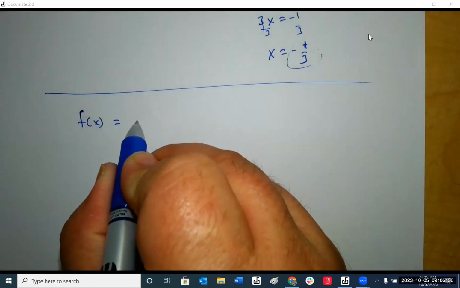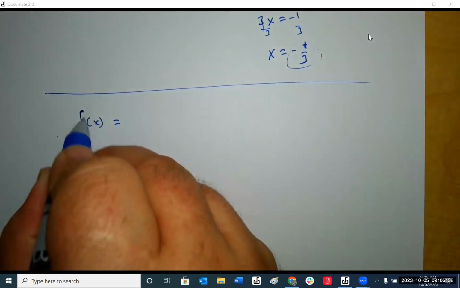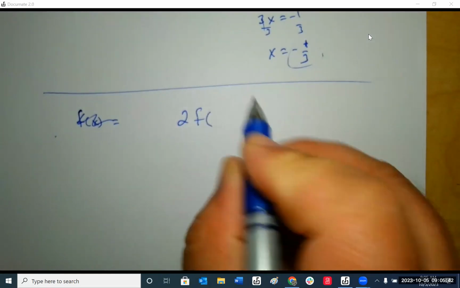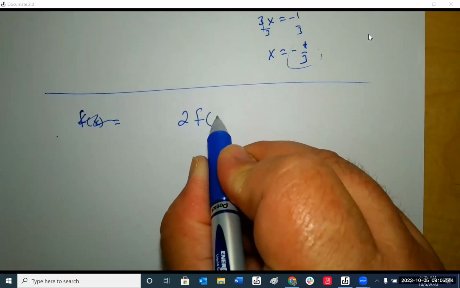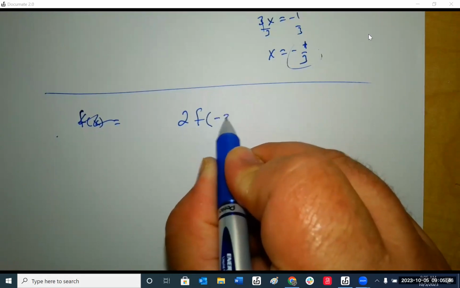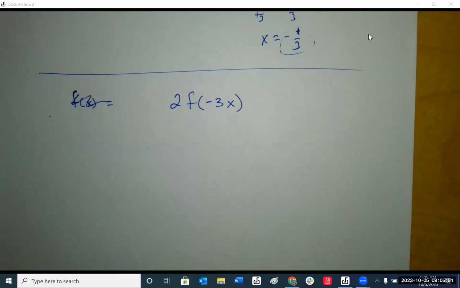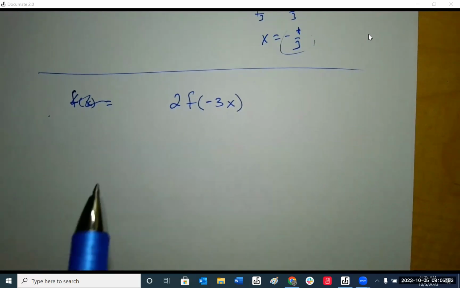Let's say my function was this: 2f of negative 3x. That's my function. Whatever the function is, doesn't matter.